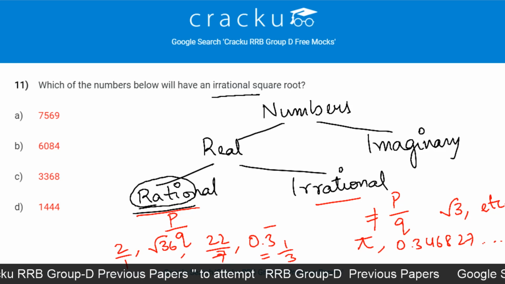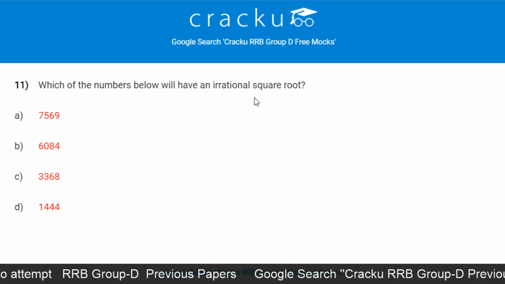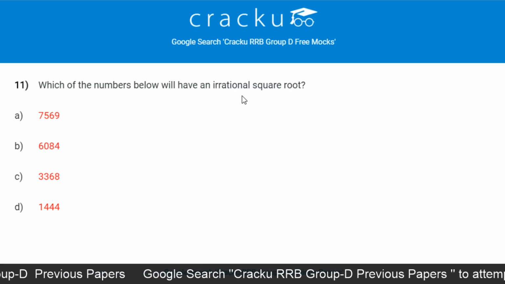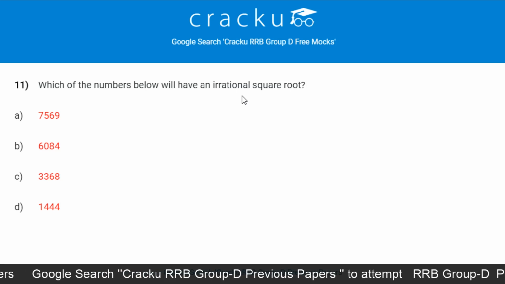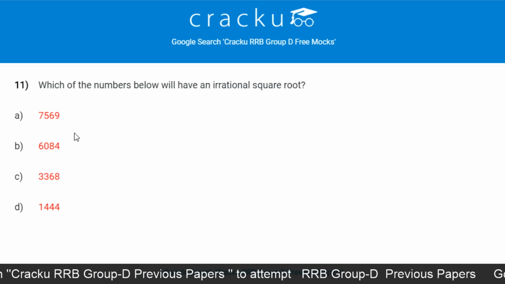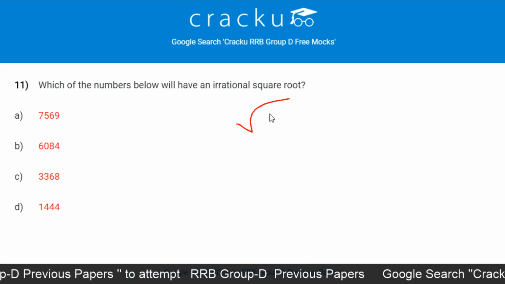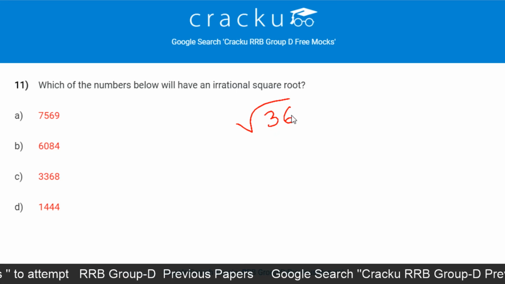So now we have understood what is meant by a rational number and an irrational number. Now coming back to the question, which of the following numbers below will have an irrational square root? Irrational numbers cannot be expressed in the form of P by Q. For example, what do you say about root over 36?